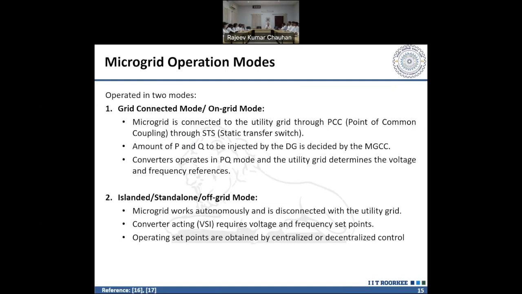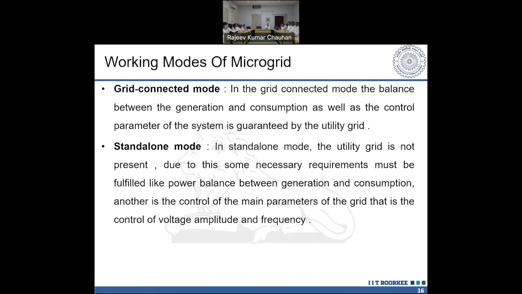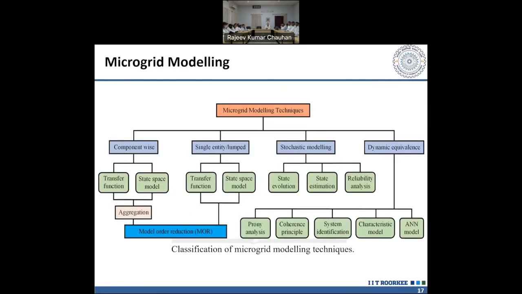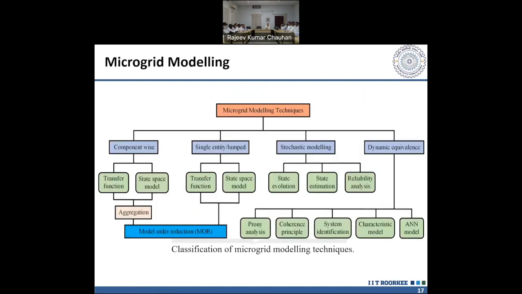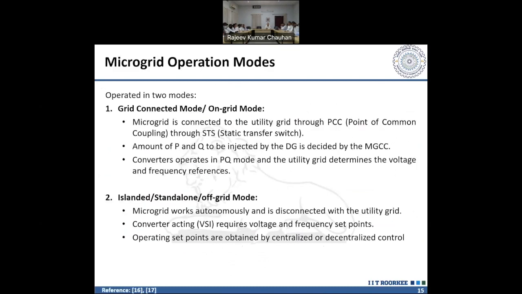In case of the microgrid, what will happen? We have to see how to control the frequency and the voltage, because here I don't have any rotating machine.